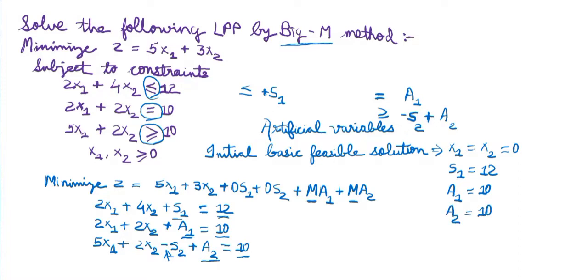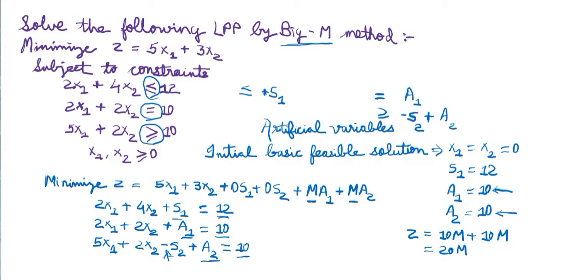And now when we put all these values in our objective function, that is x1 = 0, x2 = 0, s1 = 12, and a1 and a2 are 10, 10, we'll get z = 10M + 10M, which is 20M. Minimize z = 20M.